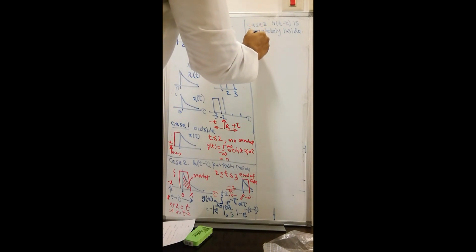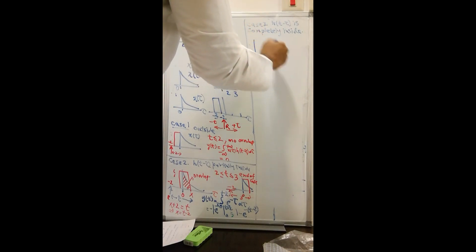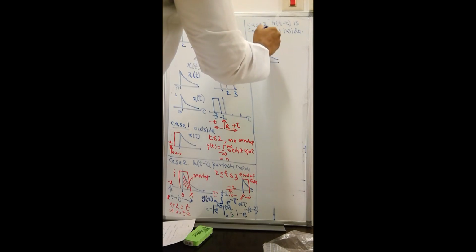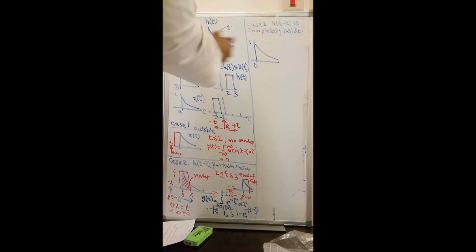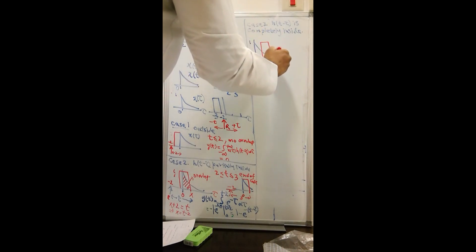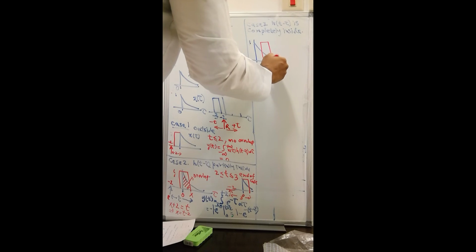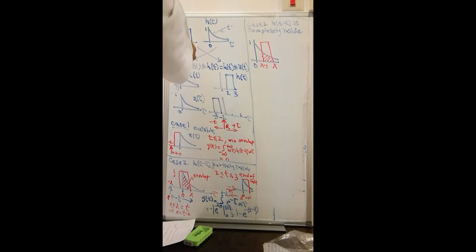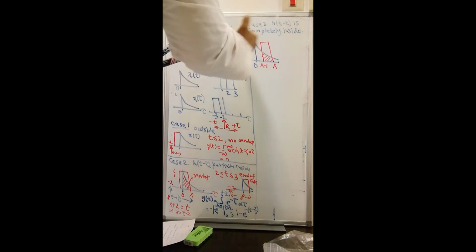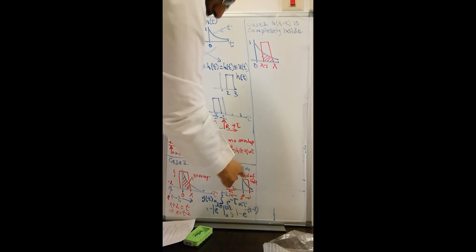I can draw my x of tau, and this is x and this is x minus 1, and this is my overlap, and this is all the time which is greater than 3.